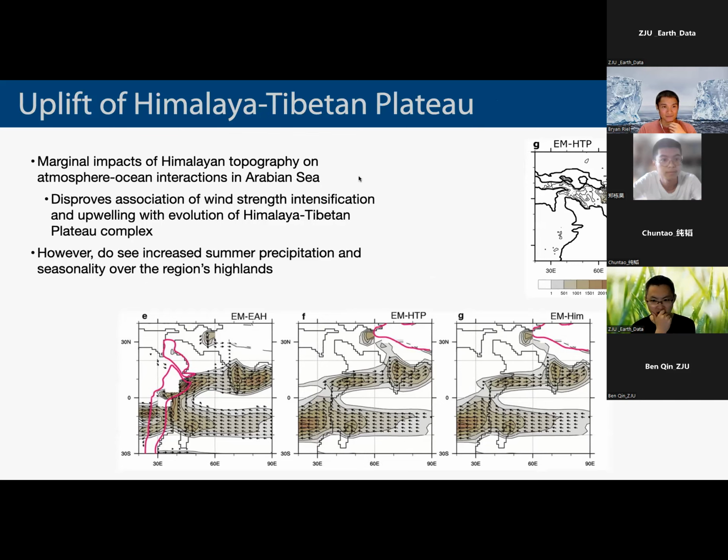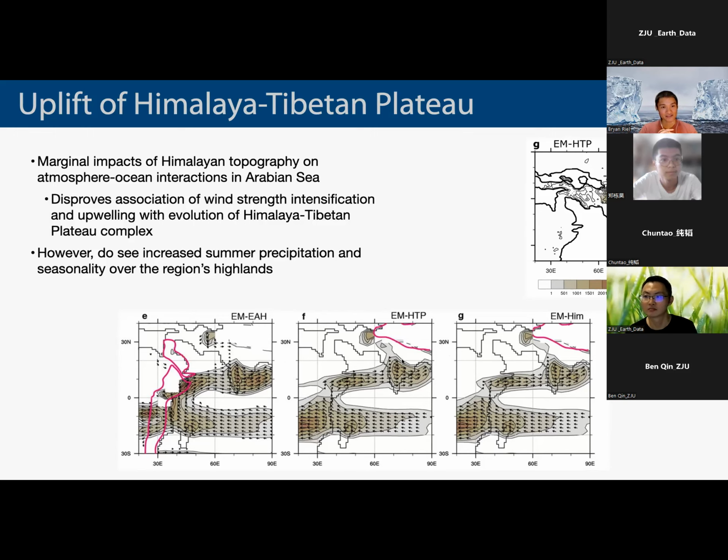The interesting thing is that the uplift of the Himalaya Tibetan Plateau actually has very minimal impact on the atmosphere-ocean interactions. If you look at the wind patterns with or without the Himalayan plateau, they essentially look the same in the early Miocene, which is very interesting. This is saying that there's not much effect on the overall circulation pattern, which will then have not much effect on the overall ocean circulation pattern.